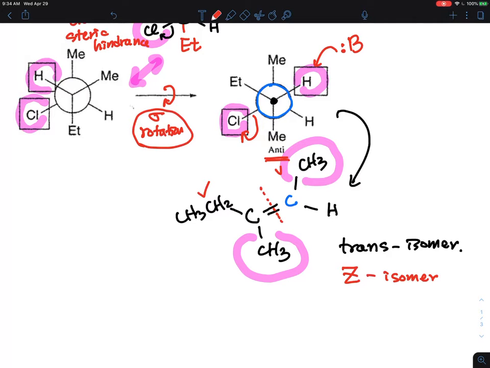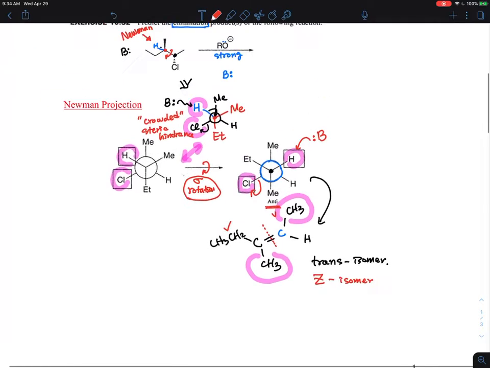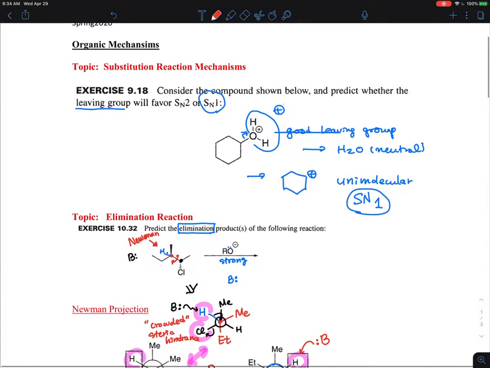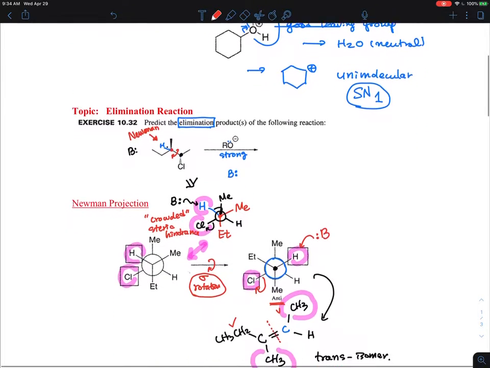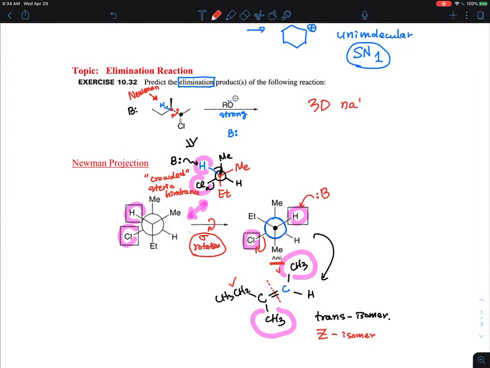So this is a case where you are seeing this too. What I did here is essentially I solved the first problem and the second problem using the Newman projections to really have an understanding about the 3D nature of the compound.